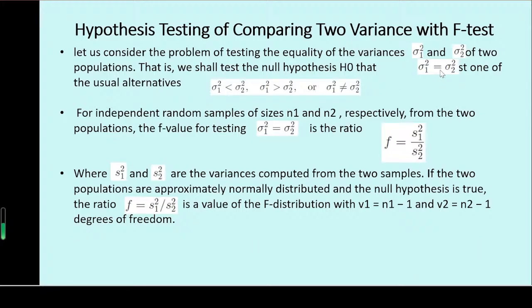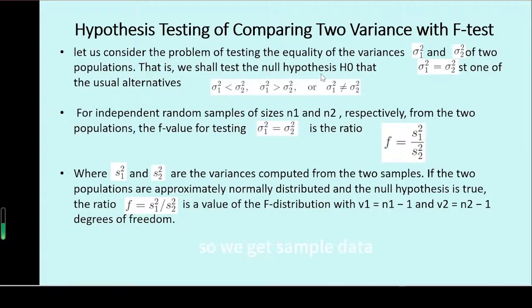We get the null hypothesis H0 that sigma 1 square equals sigma 2 square, and the alternative hypothesis H1 is sigma 1 square not equal to sigma 2 square. And for the one-sided test, either sigma 1 square is less than sigma 2 square or sigma 1 square is larger than sigma 2 square, right?